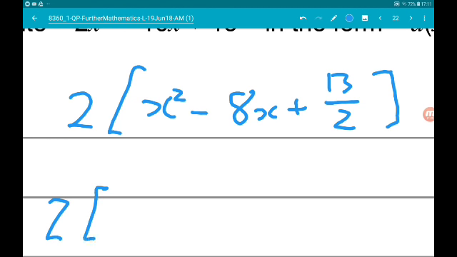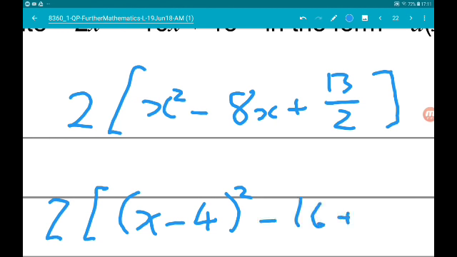So we can complete the square, so we get (x minus 4) squared. Now whatever that number inside the bracket is, positive or negative, you always square it and always subtract it on the outside. So we get minus 16 add 13 over 2.